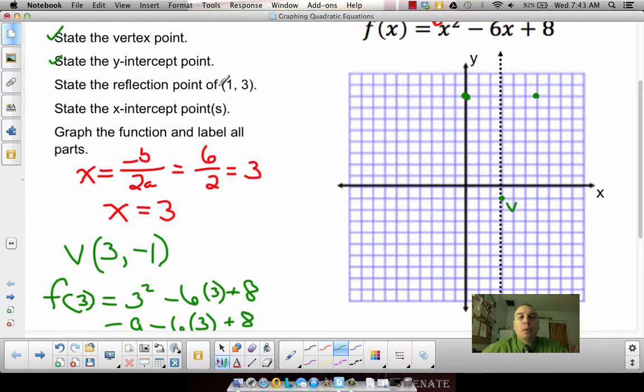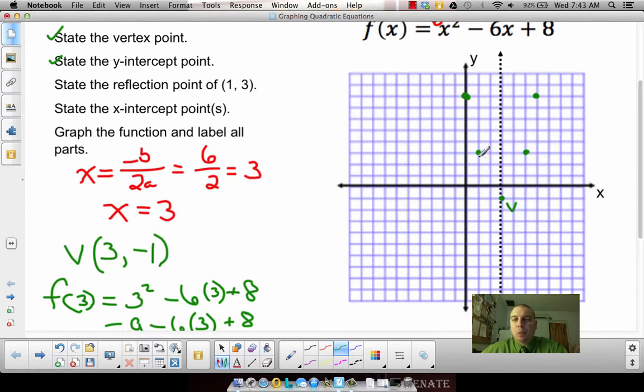State the reflection point of 1, 3. So in other words, if 1, 3 is a solution to this, which it is, so I'm coming out here 1, 1, 2, 3. If 1, 3 is a solution point, again, let's mirror. I'm going to reflect onto the other side, so I'm 2 away. I need to be 2 away here. All right, so what's that location?